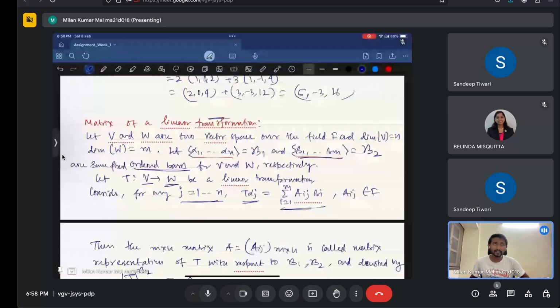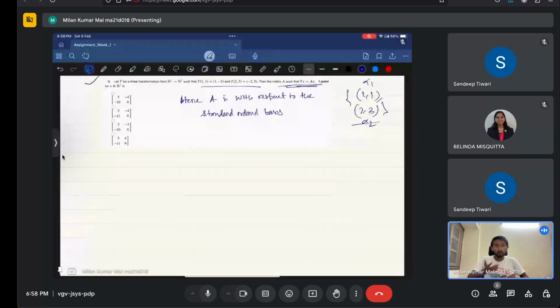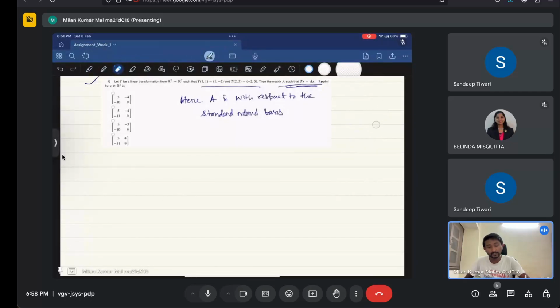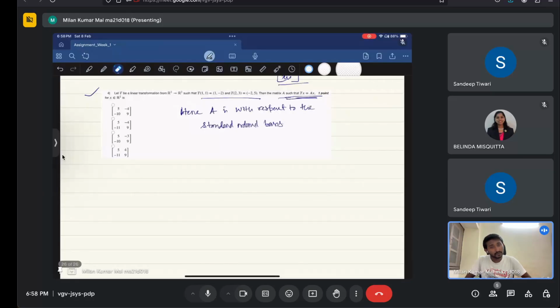The standard ordered basis, like (1,0), (0,1), is available only for some known, mostly trivial type spaces. A linear transformation can have a matrix representation with respect to any ordered basis, which need not be the standard one.